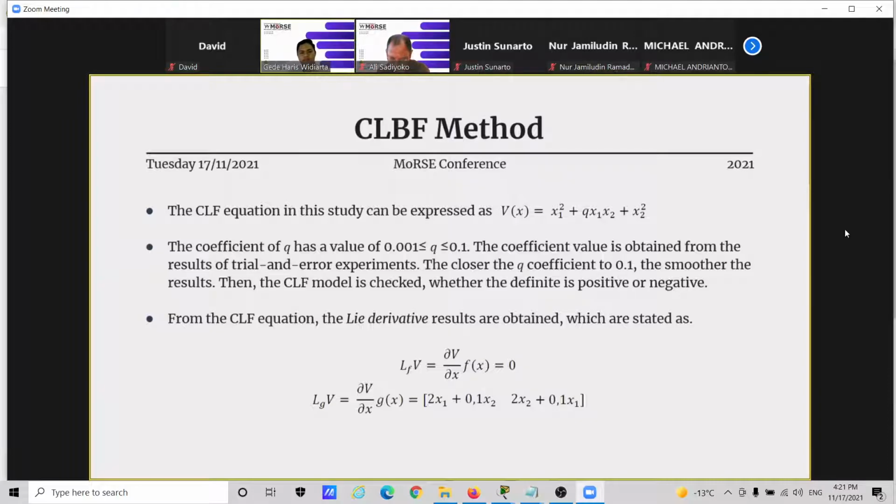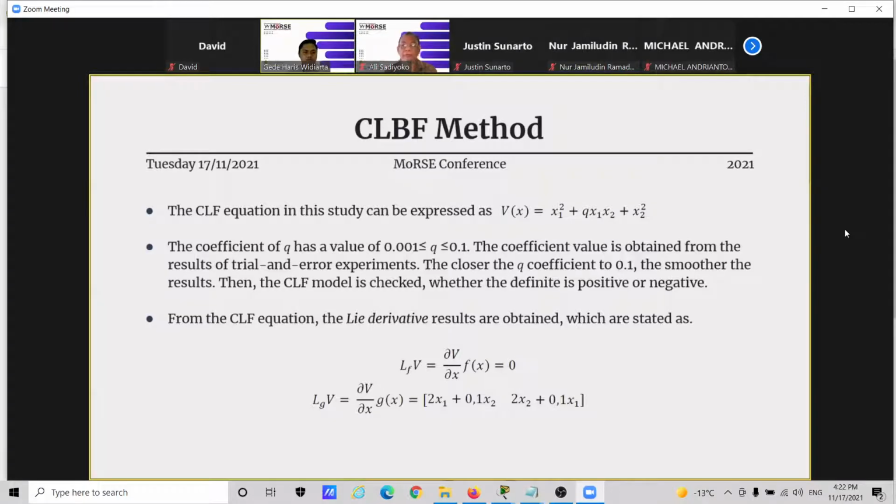This model is taken from the research in 2014, but we modified it by multiplying the cross term with a q coefficient. The q coefficient has a value from 0.001 to 0.1. The coefficient values are obtained from trial and error experiments. The closer the q coefficient is to 0.1, the smoother the result.